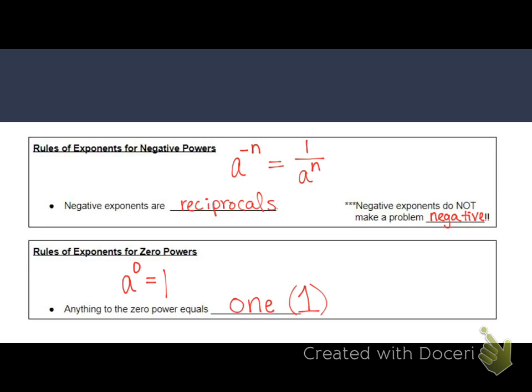If you have a bunch of stuff in parentheses raised to a 0 power, the whole thing equals 1. That's probably the easiest rule as long as you memorize it. Anything to the 0 power equals 1. Need more time on this slide?